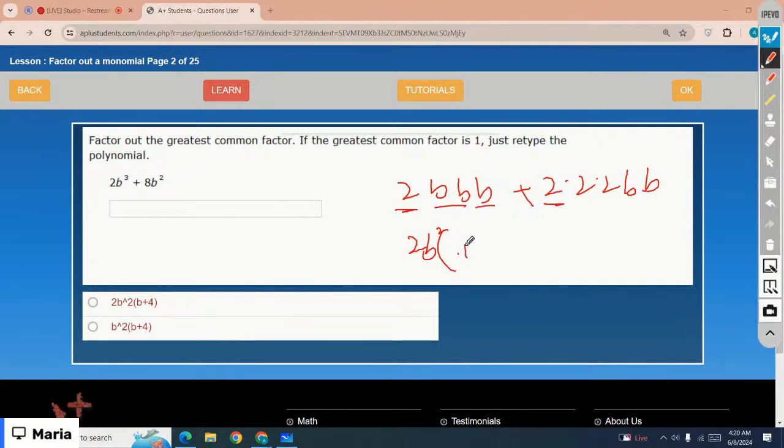So 2b squared, you are left with b plus 4. You already have b squared common, right? So you're left with 2b squared times b plus 4. Got it? Option number 1 is the correct option, right?